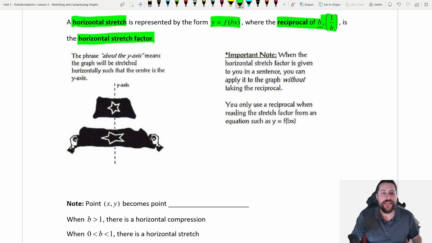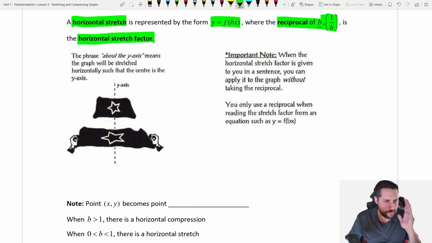That's an important note for us to have. Whereas with a, you didn't have to change anything, but because we're in the brackets, we have to do the reciprocal of it to figure out what the horizontal stretch factor actually is.